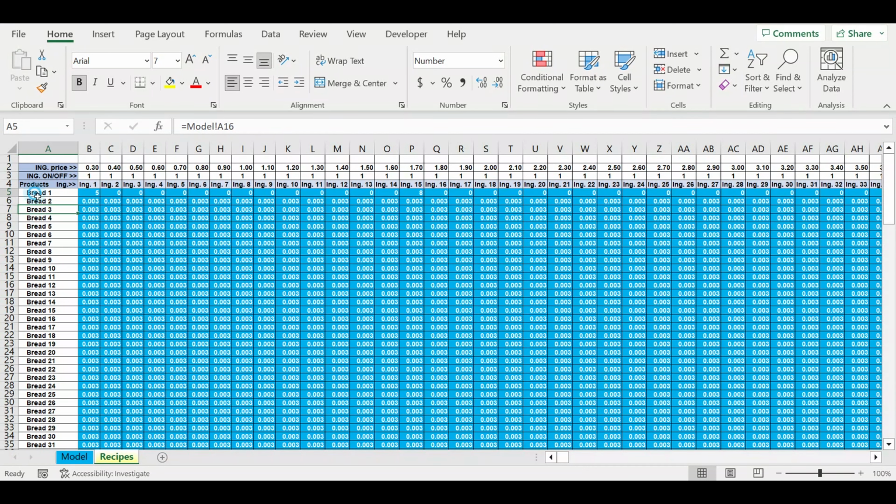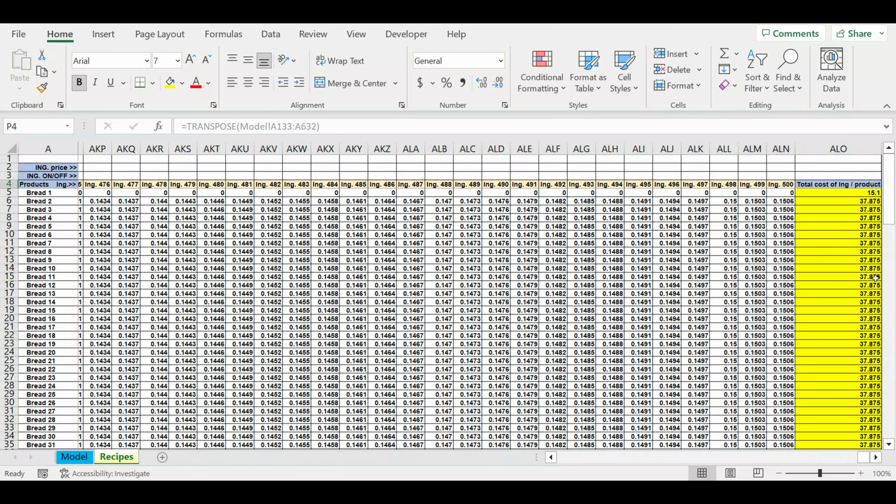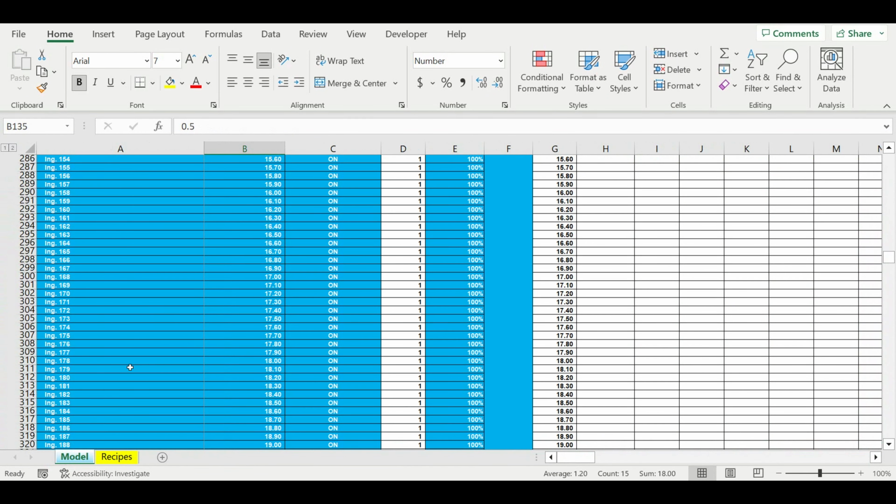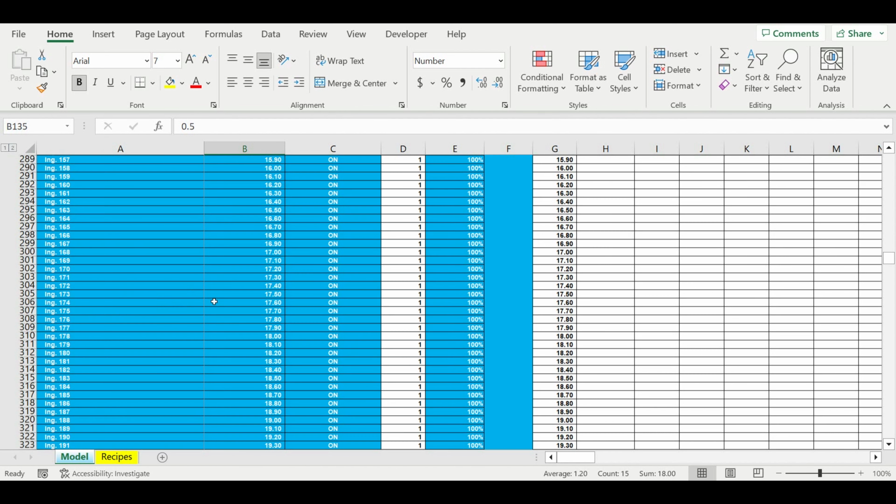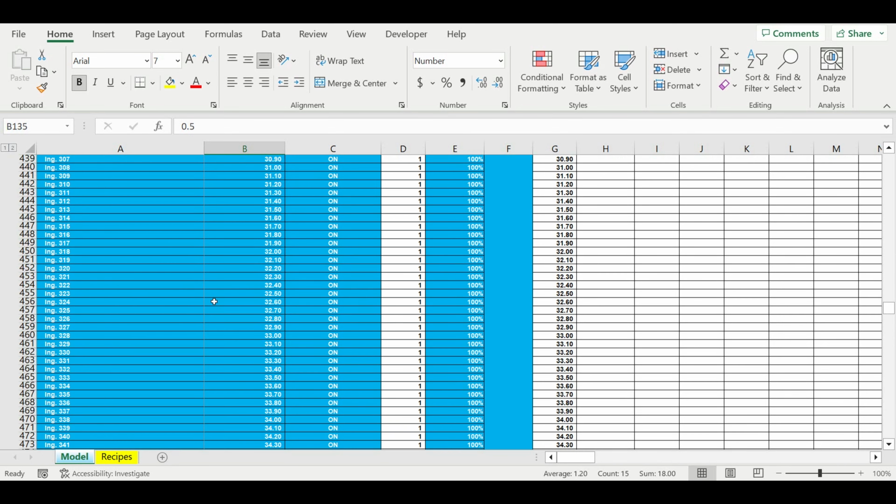So for example, for bread number 1, we need 5 units of ingredient number 1, and we need 8 units of ingredient number 15. And as a result, we get the direct cost per one bread type 1. And then these direct costs start traveling to the sales plan and then to the cash flow.